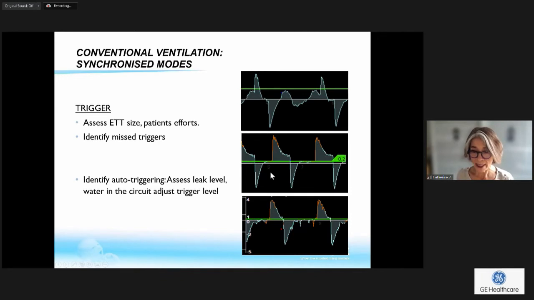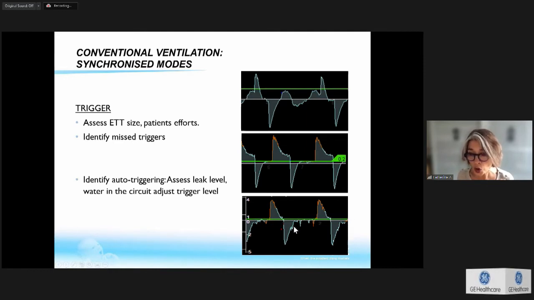What is happening here? I have a patient with a very high leak. I know it because what I see here, you see the flow doesn't go back to zero. It's stabilizing here above zero. It means that I have a leak, and my leak here is very important, and the ventilator is compensating for the leak. And because it's compensating for the leak, the flow is crossing my trigger, and the ventilator keeps pushing some breath.